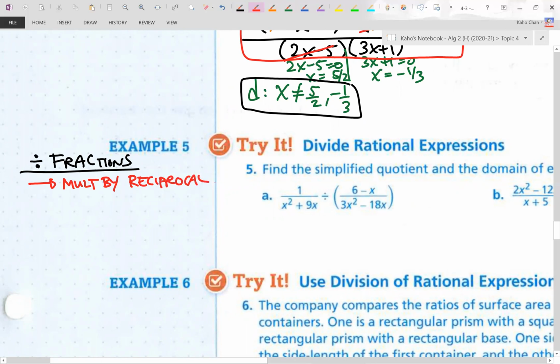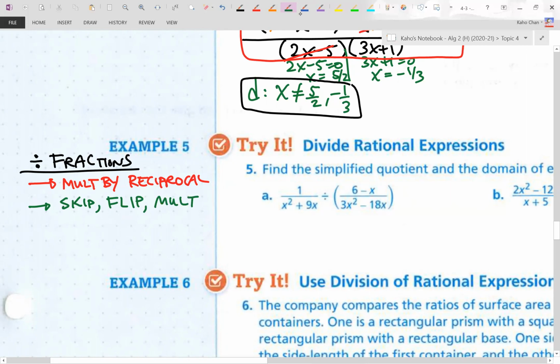That's the key. I learned this when I was growing up when it came to dividing fractions. Skip, flip, and multiply. Skip the first fraction. Flip, meaning exchange the numerator and the denominator of the second fraction.